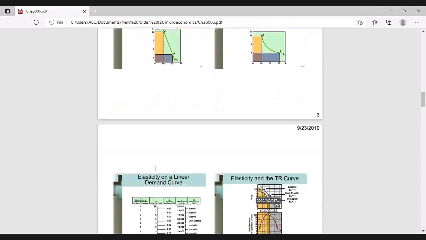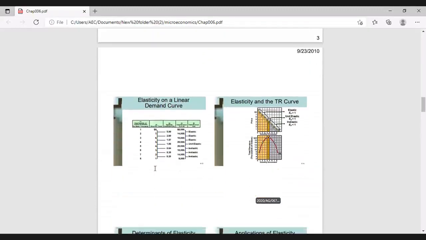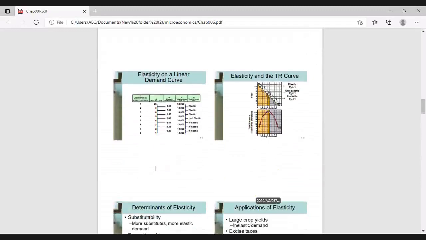We can do this from the total revenue test. We also say that even for the same demand, for a particular product, consumer response is different at a higher price than when the price is very low.